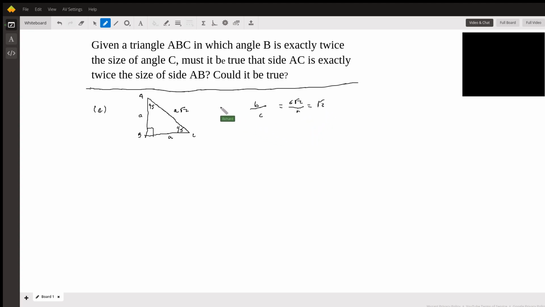The ratio of the sides is the square root of 2, even though the ratio of the angles is 2 to 1. So that clearly shows by counterexample that this is not going to hold all the time. So that's part A.